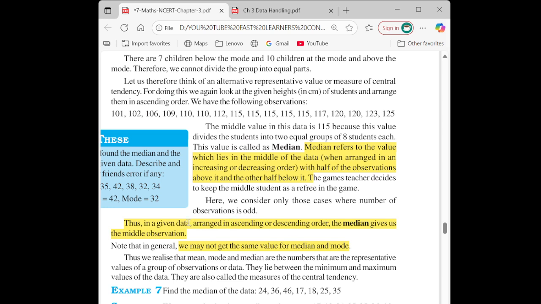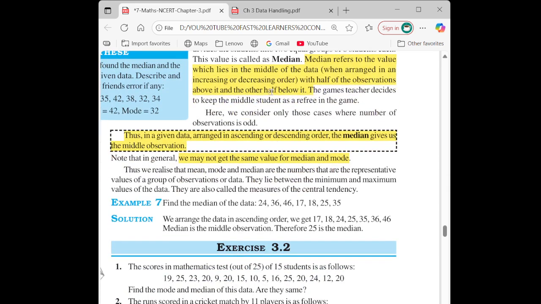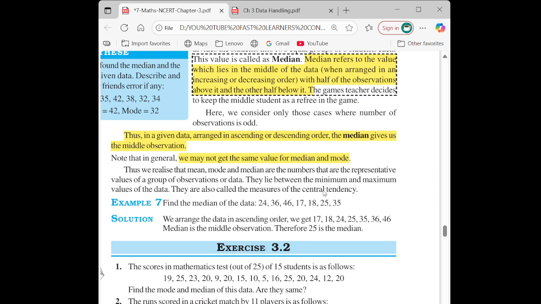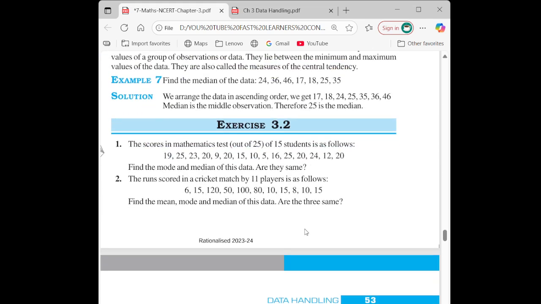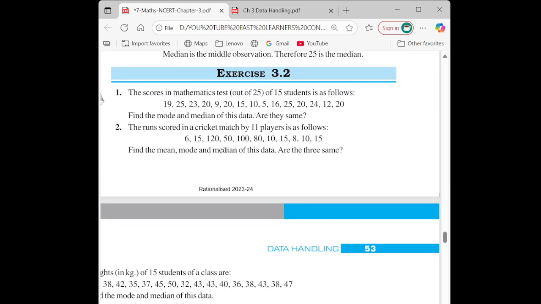So in a given data, arranged in ascending or descending order, the median gives us the middle observation. Now you see the median of the data here. If you arrange this data properly, 17, 18, 24, 25, 20, 35, 36, 46, 25 is the median because it is in the middle of the data.